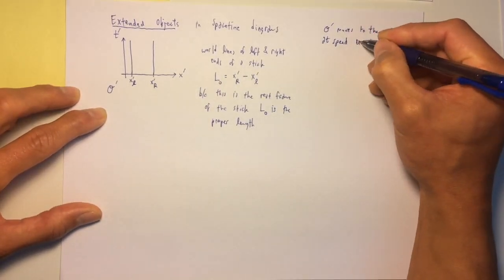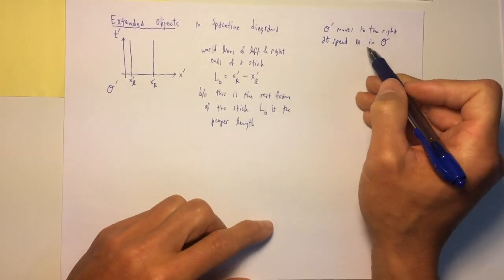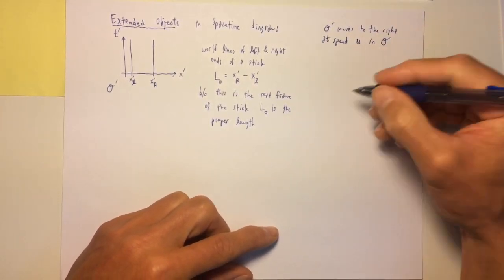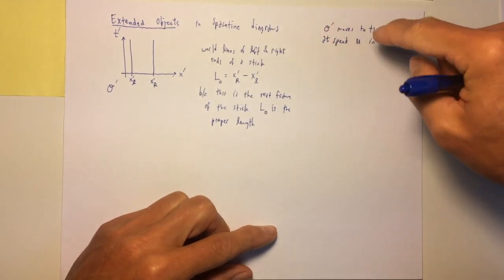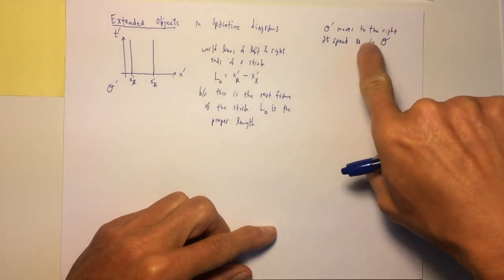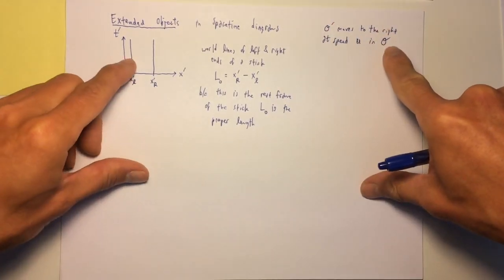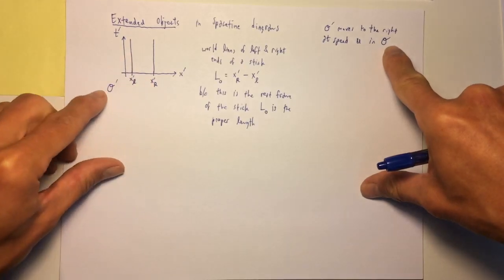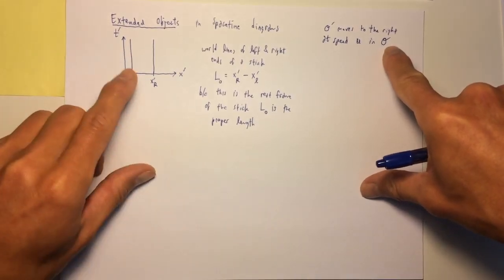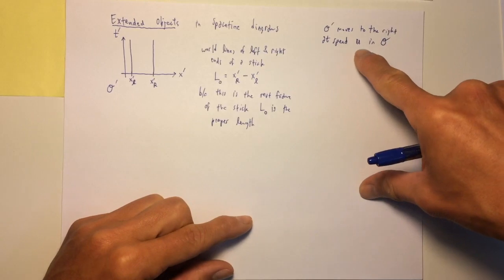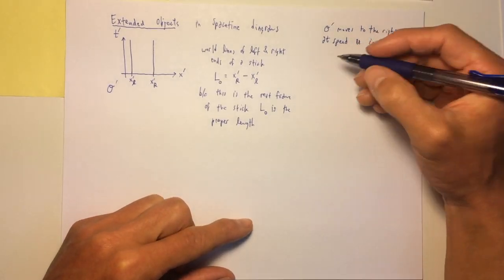So this is a speed u. So this is the relative frame motion. So that means that if O prime moves to the right at speed u in O, and the stick is at rest in O prime, that means that this stick moves to the right inside of O.